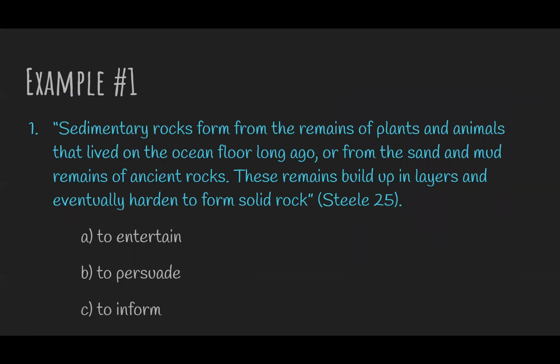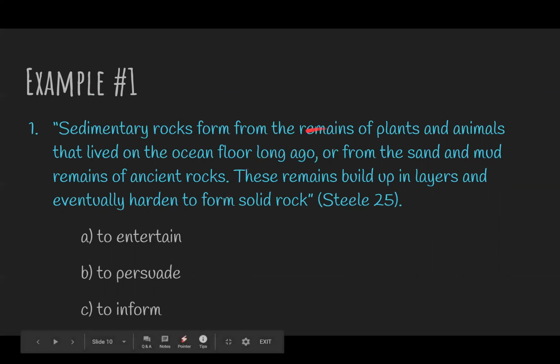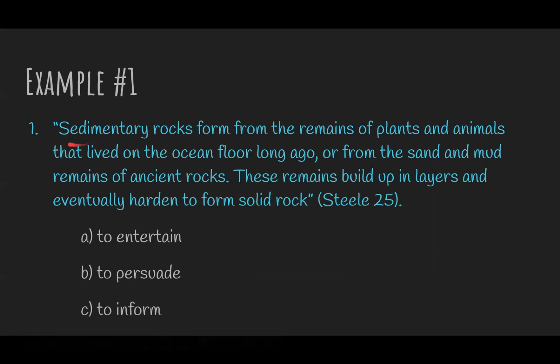All right, so as we can see here, the author is giving us some facts. They're talking about how sedimentary rocks form from the remains of plants and animals. The remains build up in layers and harden to form solid rock. So they're giving us a bunch of facts. They're also talking about scientific topics, plants and animals, right? Sedimentary rocks, ocean.